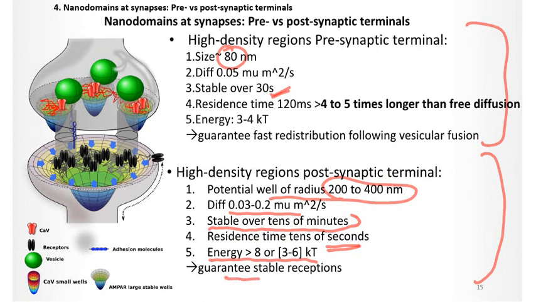And we think that this guarantees a much longer stability of the receptor. Basically, in the presynaptic terminal, due to vesicular fusion, you need a fast redistribution, which is not needed in the postsynaptic terminal. Probably this region will be more important for long-term changes.